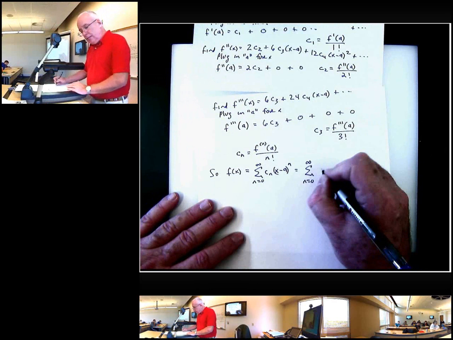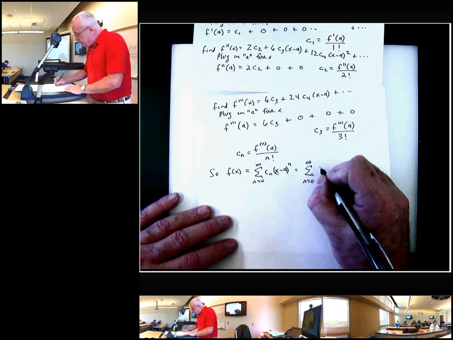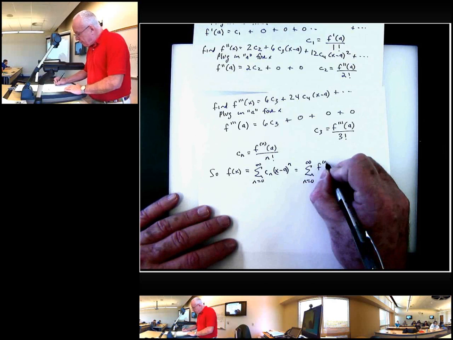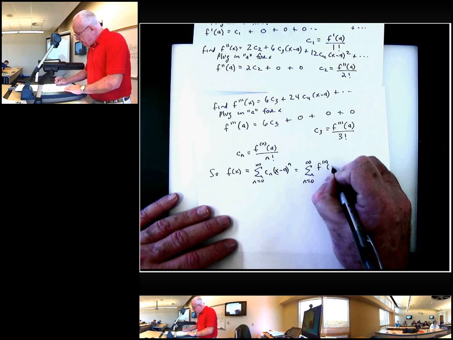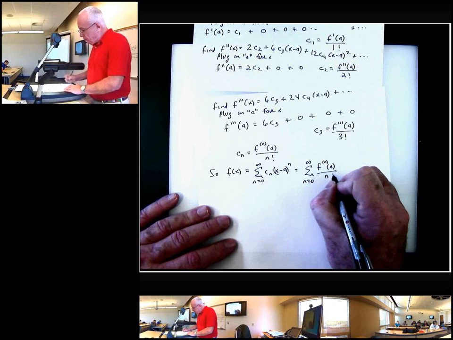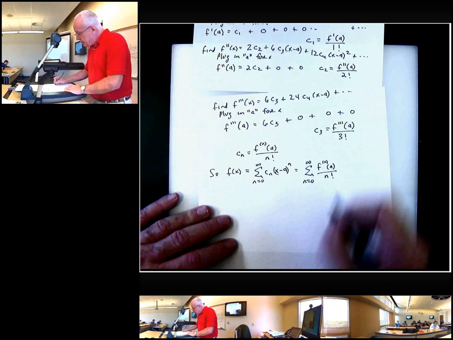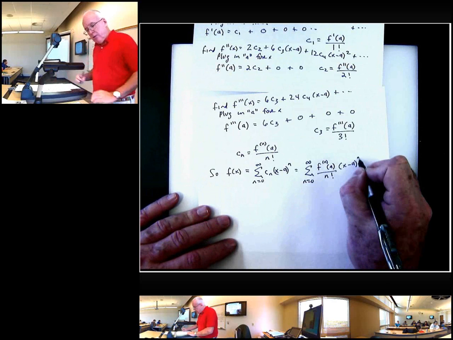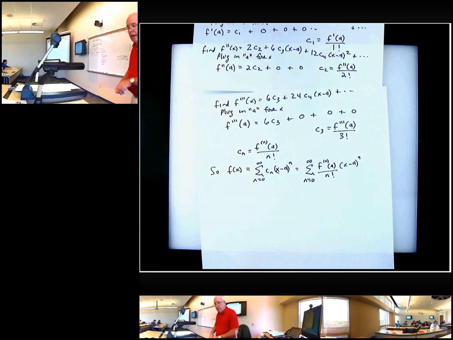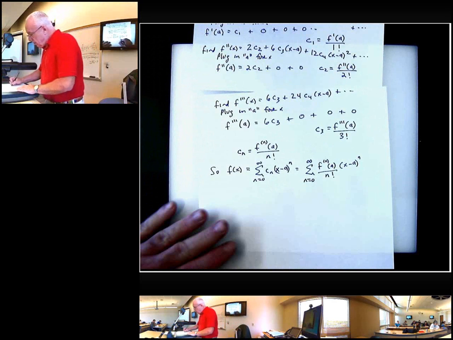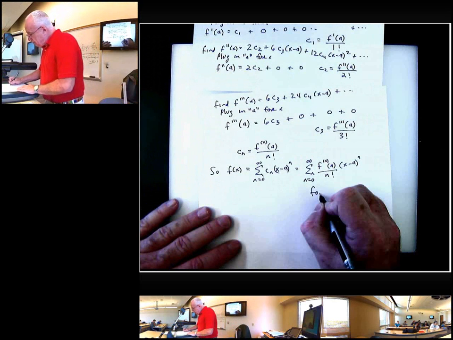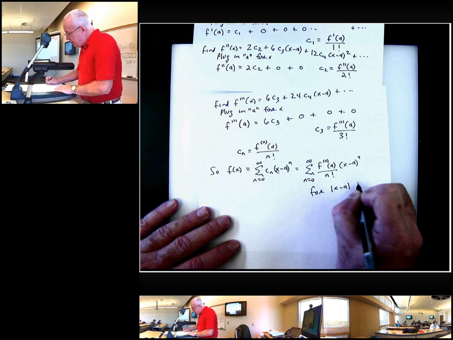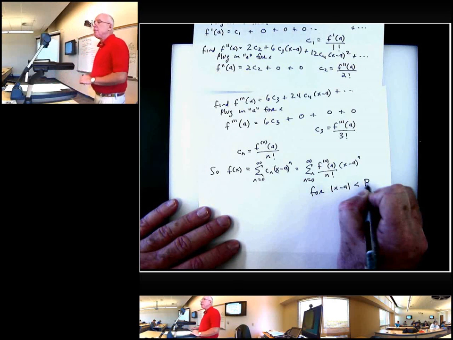Now for those cn's, I'm going to put the nth derivative of f evaluated at a divided by n factorial times x minus a to the nth power. And this is for absolute value of x minus a less than some radius of convergence.